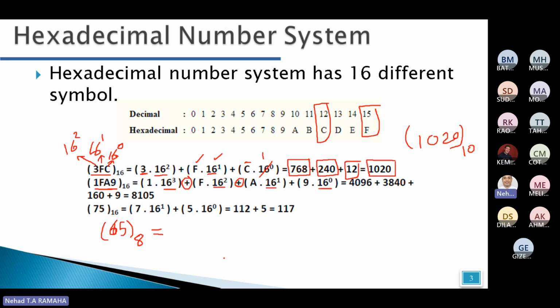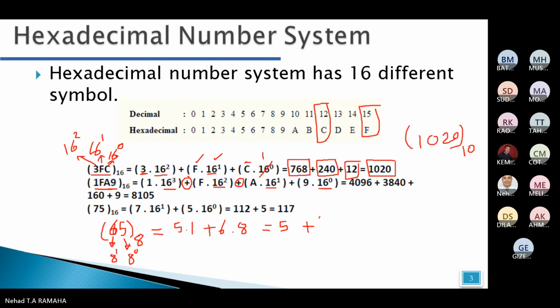Same idea. 5, its position 8 power 0. 6, its position 8 power 1. So it's 5 multiplied by 8 power 0, which is 1, plus 6 multiplied by 8.